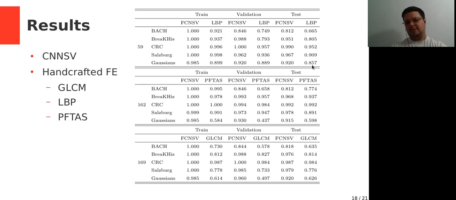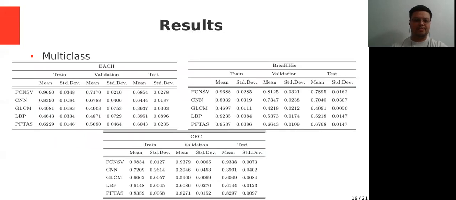But here, PFS is better. So this shows that our simple proposal can adapt our filters to the needs of each data set. In the multi-class results here, we also have good results.